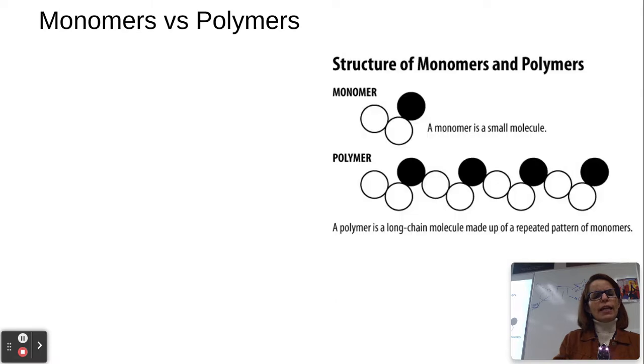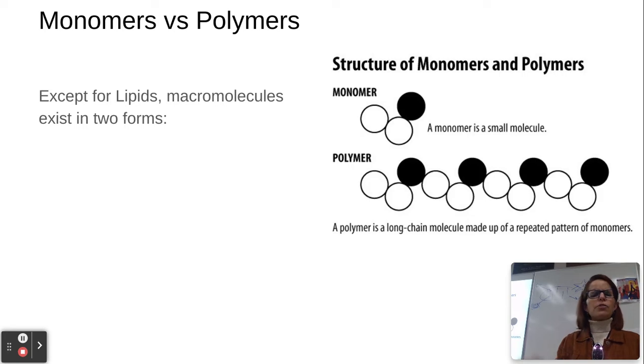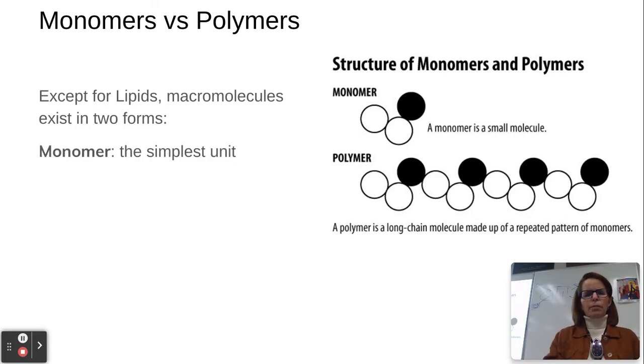All right, so then they also wanted us to talk about polymers and monomers. Remember that polymers are what these molecules are made of. They're made of a bunch of monomers put together to make a polymer. The one exception to that is lipids. Lipids are not made of monomers, but all the other macromolecules have a bunch of simple molecules that come together to build a more complex molecule.